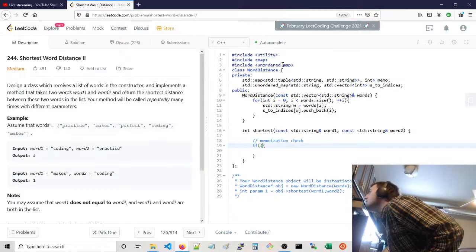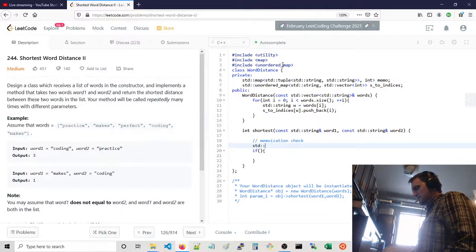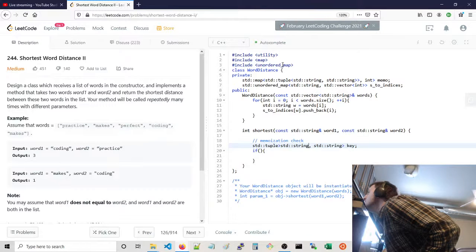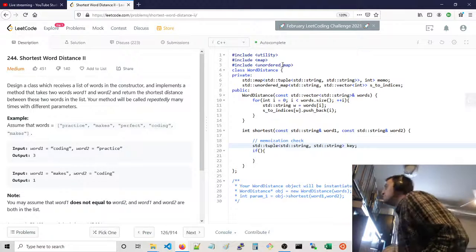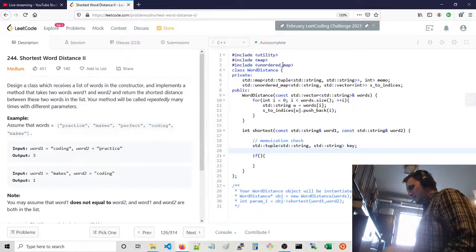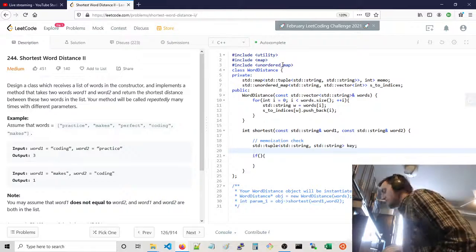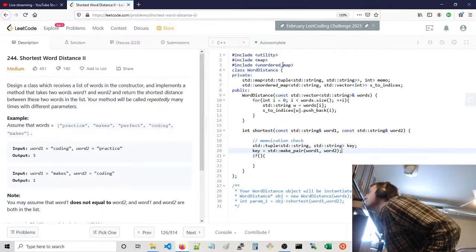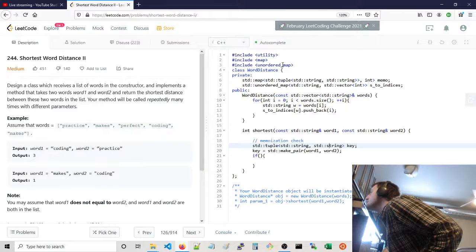We'll have a key, standard make pair word 1, word 2, and we'll do key 1 and key 2.